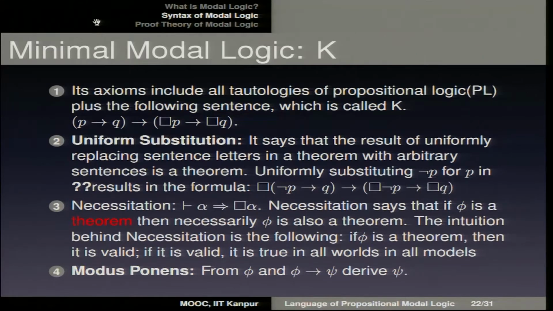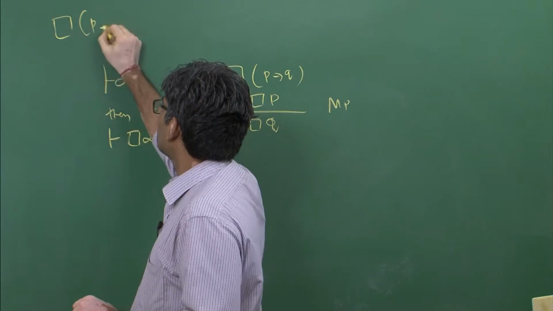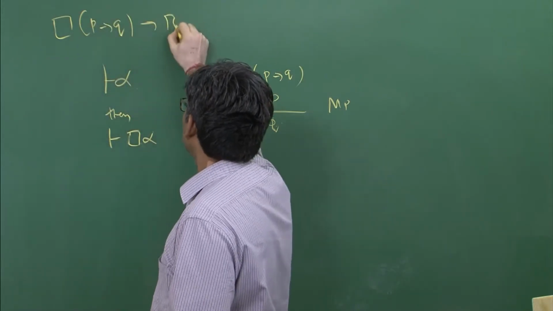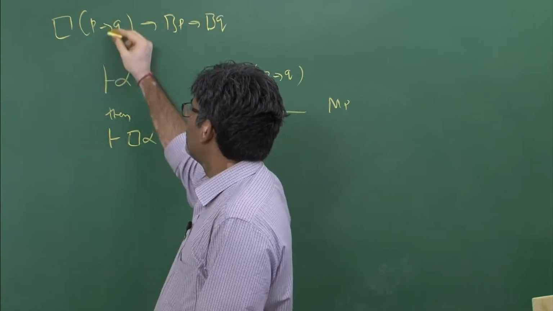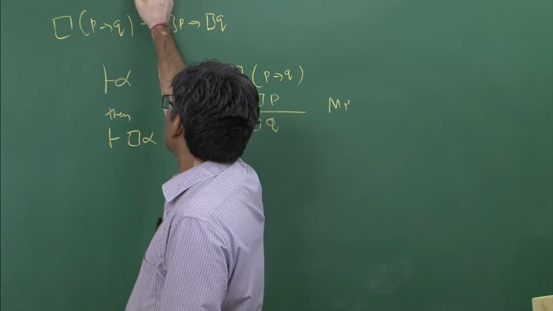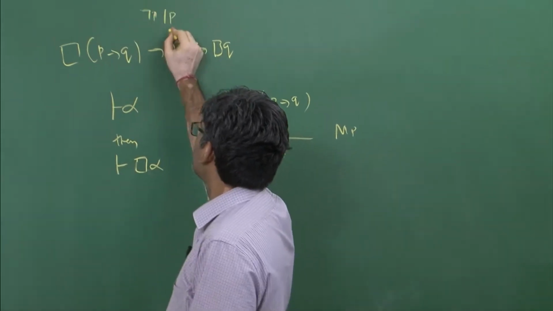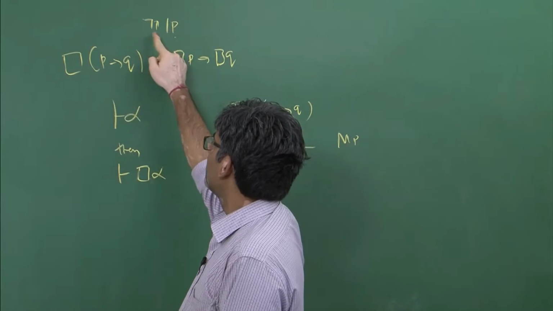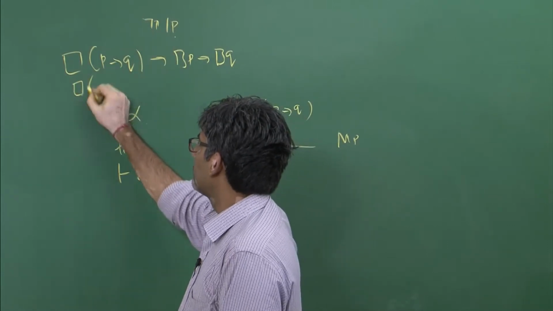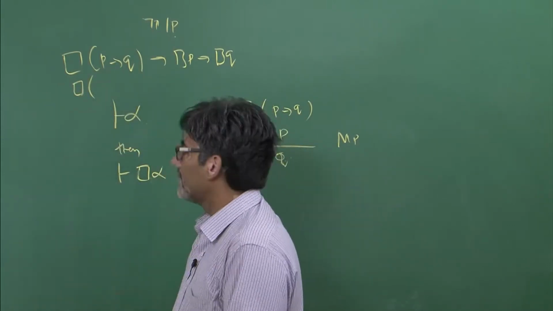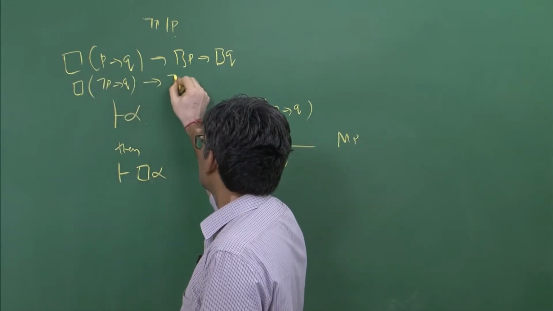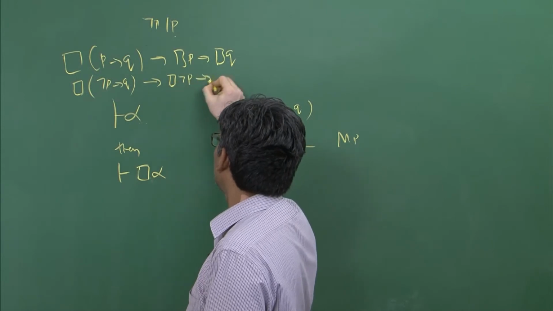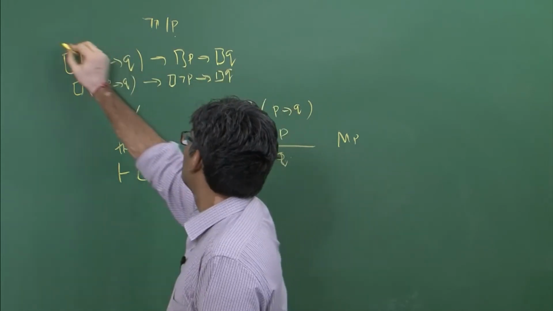For example, if you have necessity of P implies Q, implies necessity of P implies necessity of Q, now, if you uniformly substitute, let us say, not P for P, this means wherever P occurs, you substitute it with not P. So, now this formula becomes: necessity of not P implies Q, implies it is necessary that not P implies it is necessary that Q.